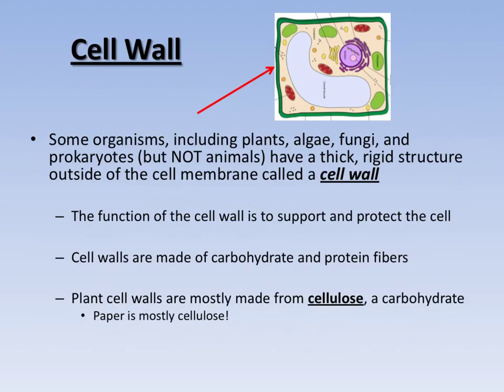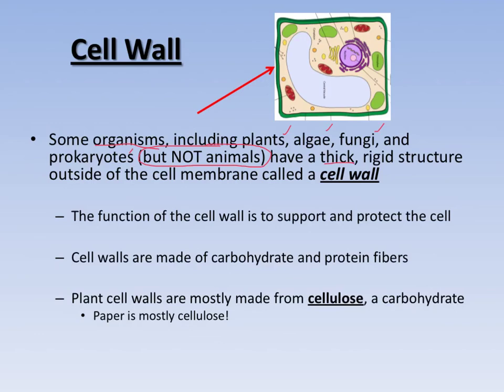Last structure, but not least, that we have to mention is the cell wall. Some organisms have an outer structure outside of the cell membrane called the cell wall. We're going to see this in plants, algae, fungi, some bacteria, but again, just like chloroplasts, we never see cell walls in animals.